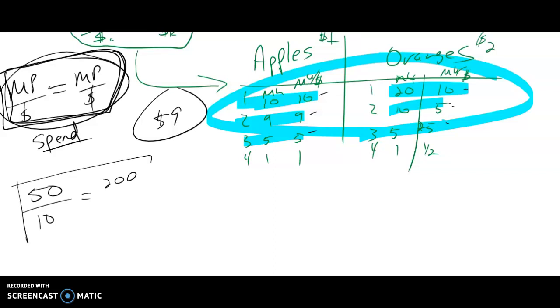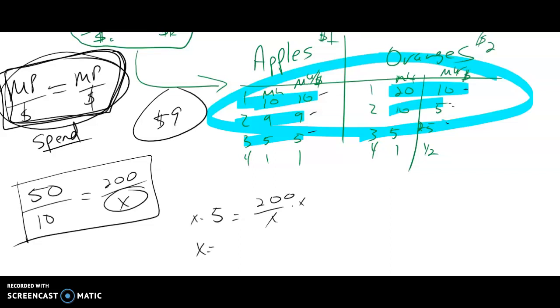If I'm using least cost, what is the rental rate for machines? What is X? Well, this would be just some simple math to say this is 5 equals 200 over X, right? And so if I multiply by X and multiply by X, X equals 200 over 5, so X equals 40.